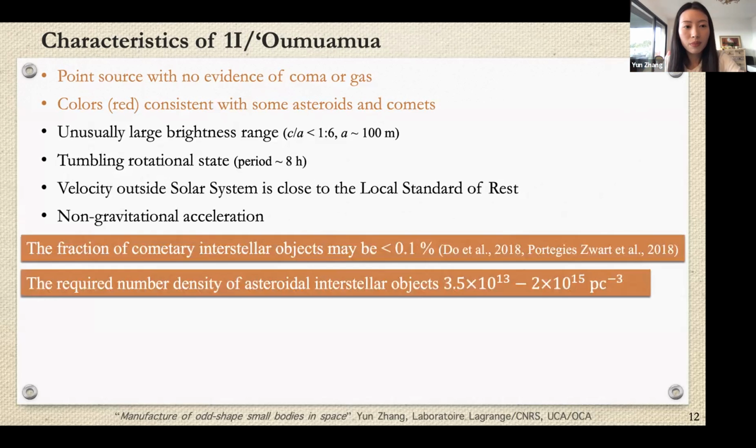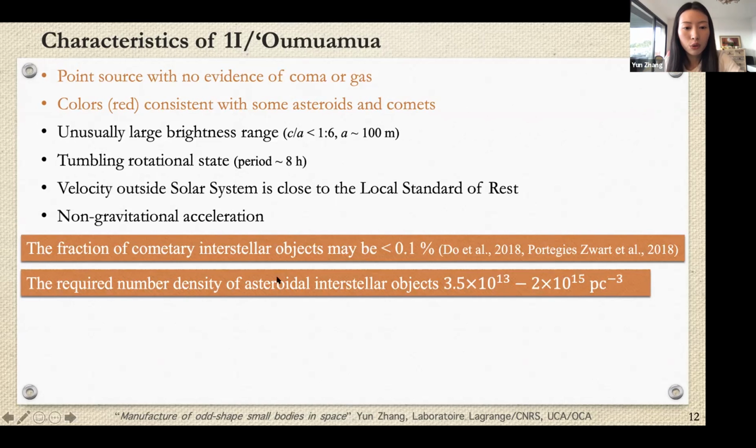So since the first detected interstellar object is kind of like asteroids, not comets, the fraction of cometary bodies in interstellar space may be very small. And the detection of Oumuamua inferred a large population of rocky interstellar objects.